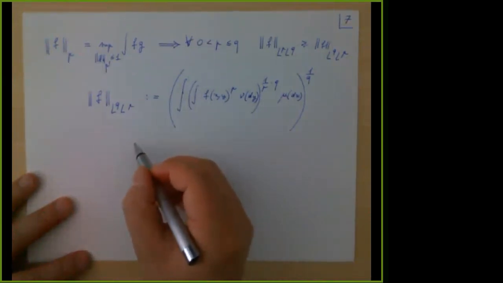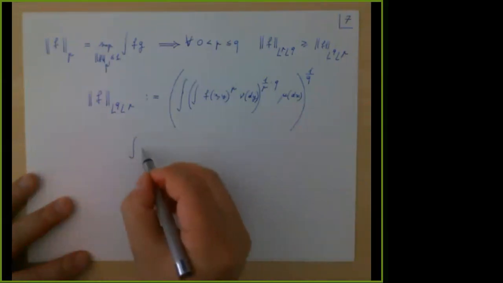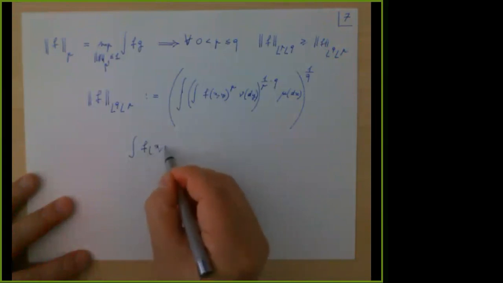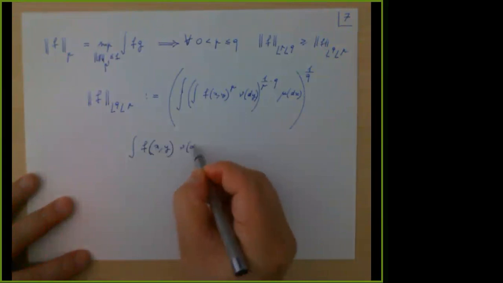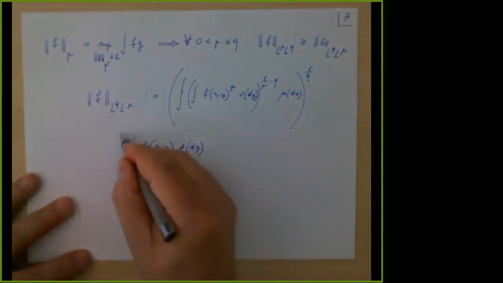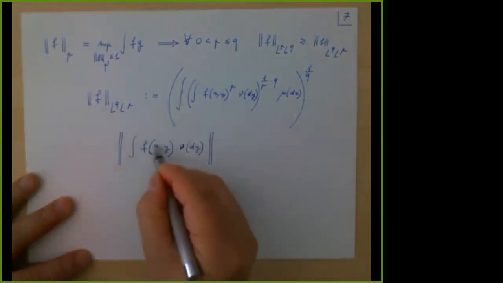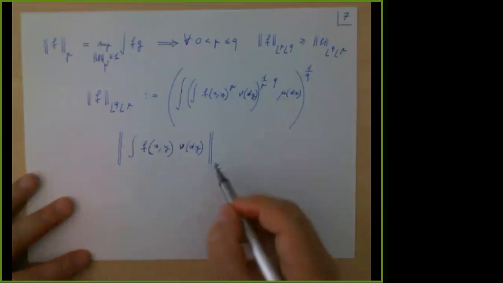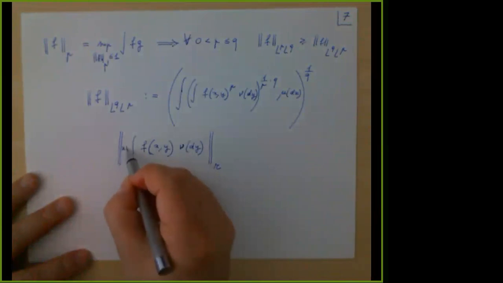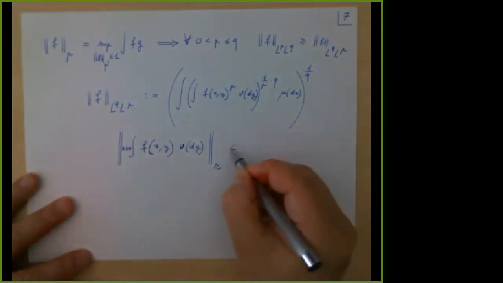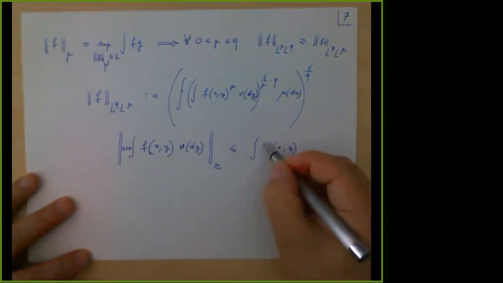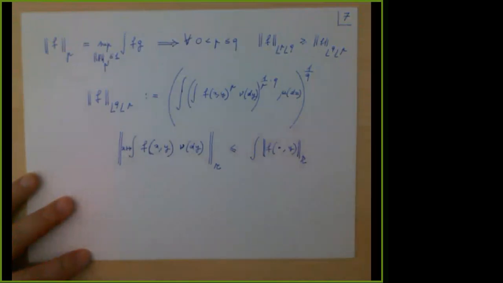inequality, we have the following rather useful inequality that you can apply plenty of times: if you have a function f of x, y, nu dy, and then you want to look at this function as a function of x, and you apply to it the norm r, then this is less or equal than the integral of f, of which you take the r norm, and then you integrate nu dy.